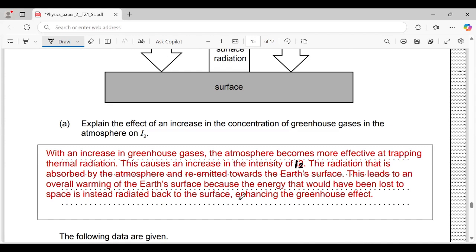This leads to an overall warming of the Earth's surface, because energy that would have been lost to space is instead radiated back to the surface, enhancing the greenhouse effect. This is my explanation.